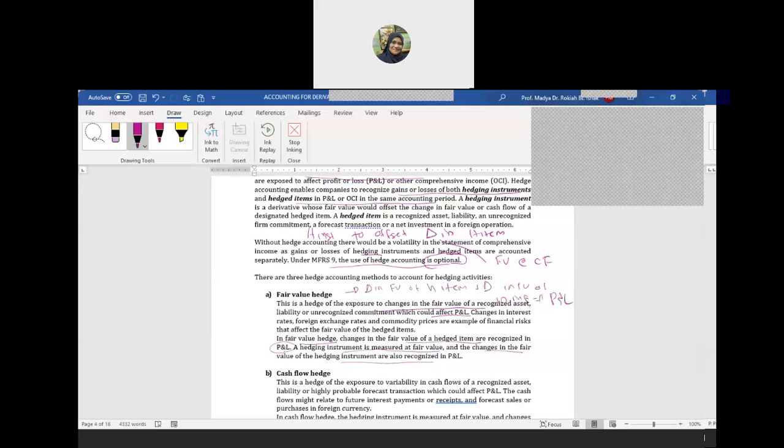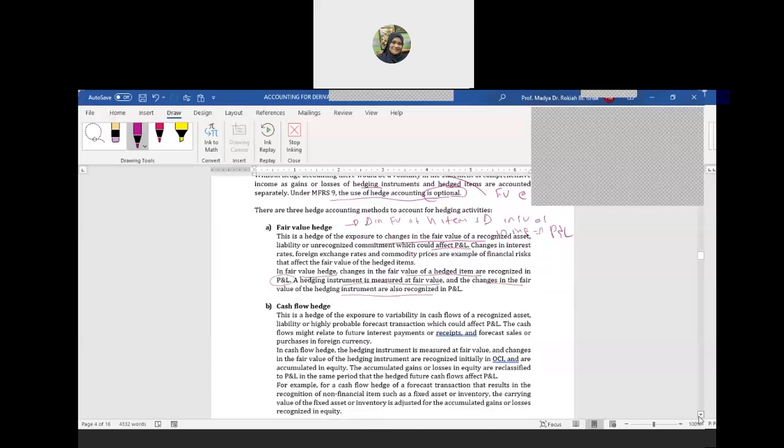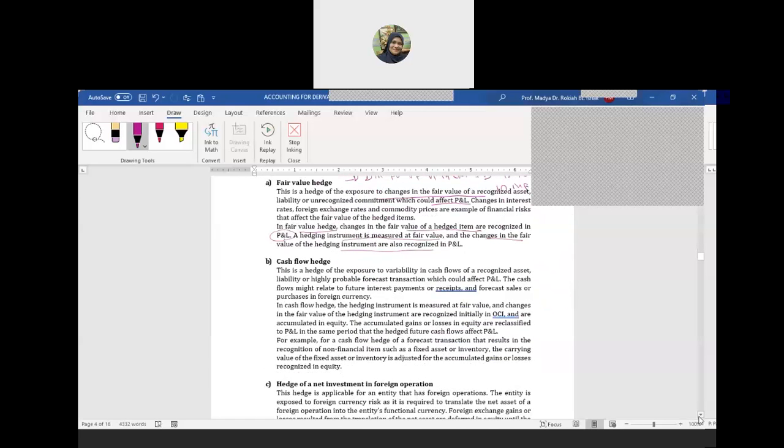Another one is cash flow hedging. The cash flow hedge is a hedge of exposure to volatility in cash flow.